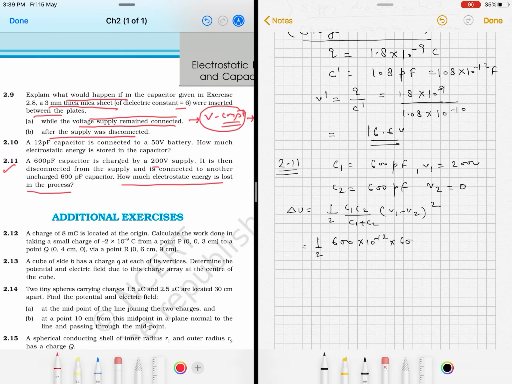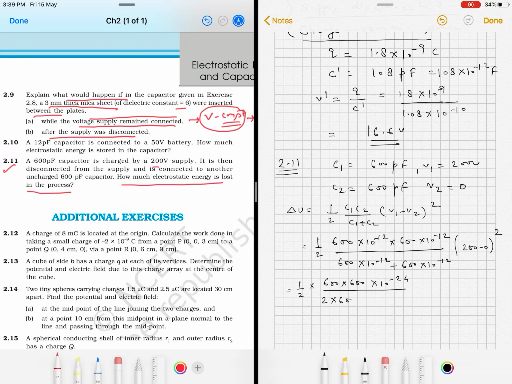Convert into farad: 600 into 10 to the power minus 12 upon 600 into 10 to the power minus 12 plus 600 into 10 to the power minus 12. In the bracket it is 200 minus 0 whole square. So here we have 1 upon 2 into 600 into 600 into 10 to the power minus 24.